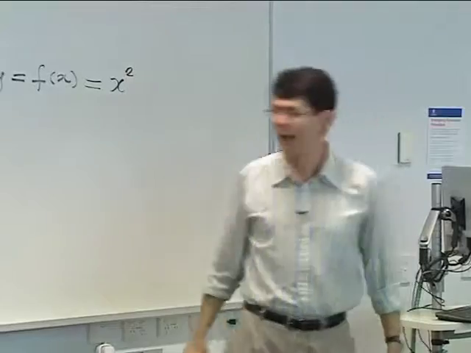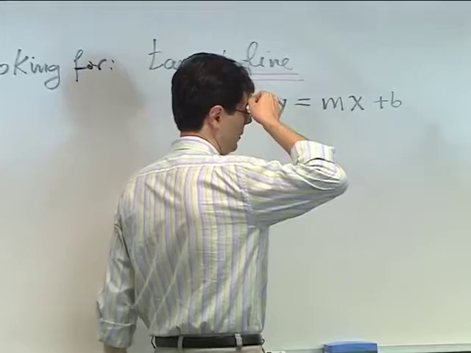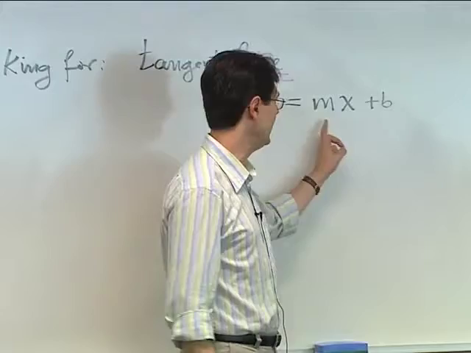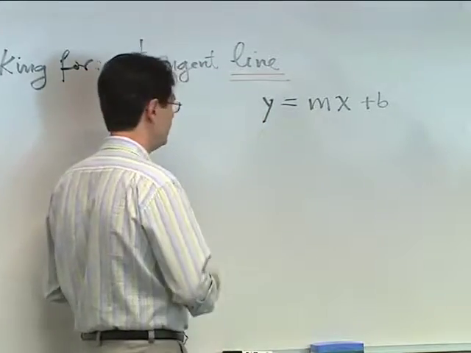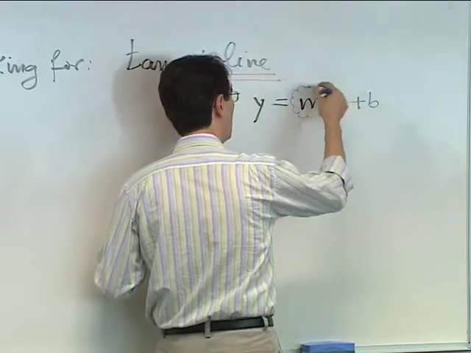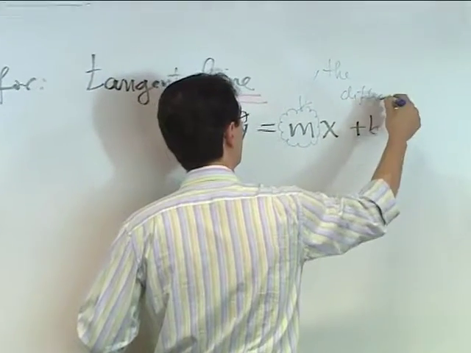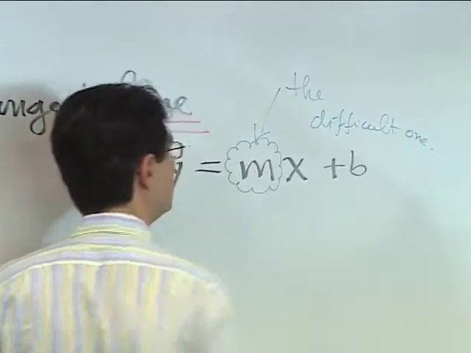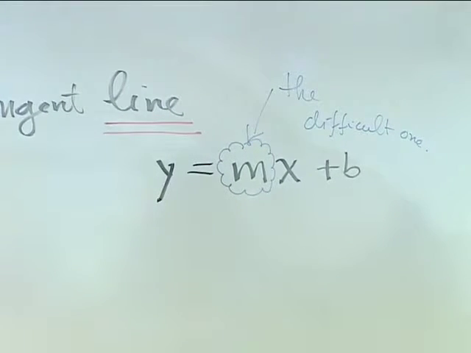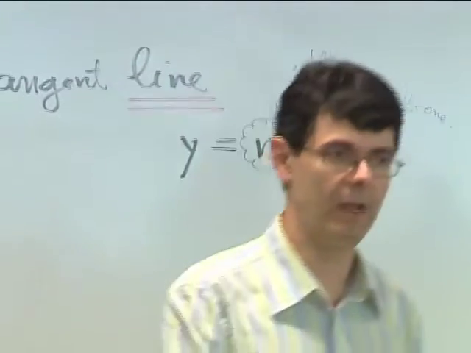Okay? It turns out that once you find m, it's very easy to find b. So the real difficulty is finding m. That is the trouble. That's the difficult one. If you know this, that one is very simple.